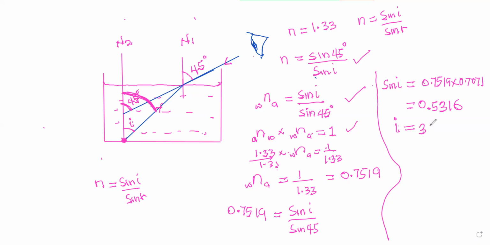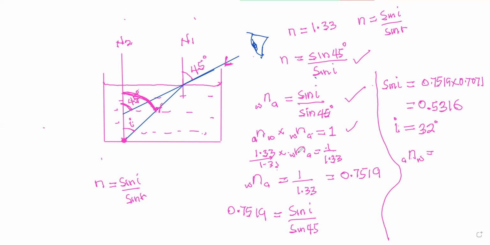So approximately 32. But what I'm saying is that instead of looking at it this way, you can also pick it from the refractive index from air to water, in which case the angle of refraction, we are moving in this direction. Before, it was this direction.